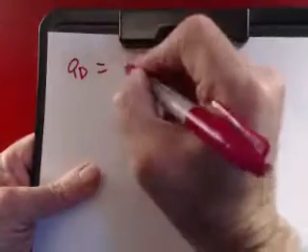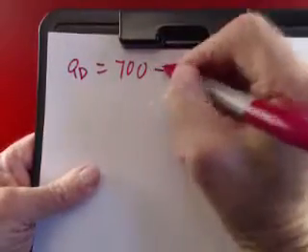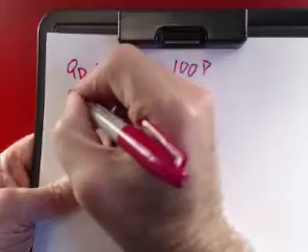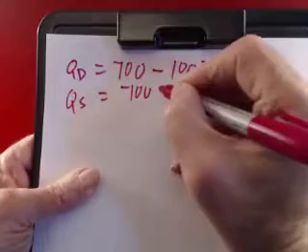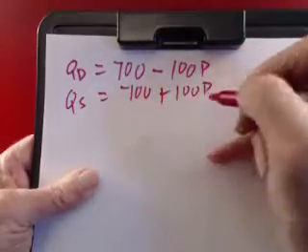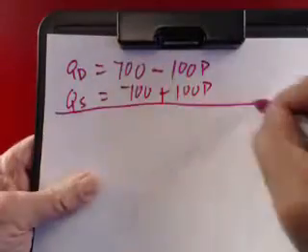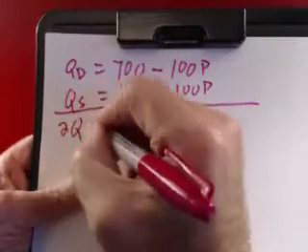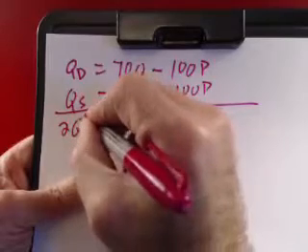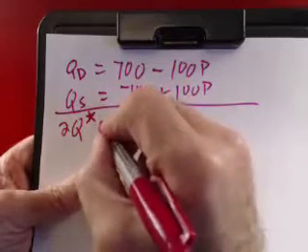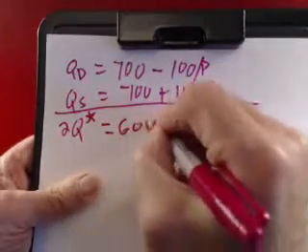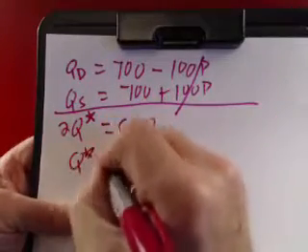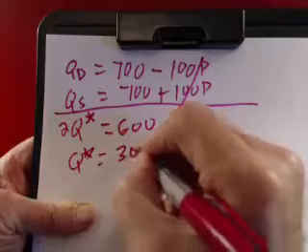So given our Q sub D equals 700 minus 100P, our Q sub S equals minus 100 plus 100P, we're going to solve for Q. Q star, as we denote it, is equal to, this goes away, 600 Q star equals 300.